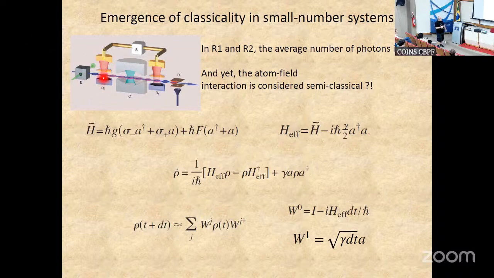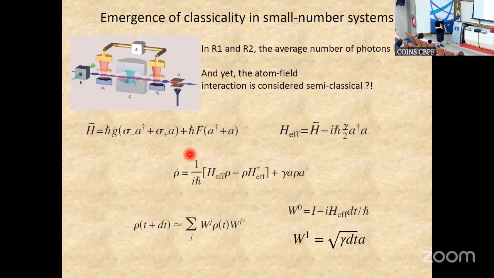So I'm describing the physics here of this R1 cavity. The interaction Hamiltonian in the interaction picture is given by the standard Jaynes-Cummings Hamiltonian for the cavity field and the atom, plus an external drive to the cavity field. And then you have the component for the no jump given by the leakage of photons from this lossy cavity to the outside world.